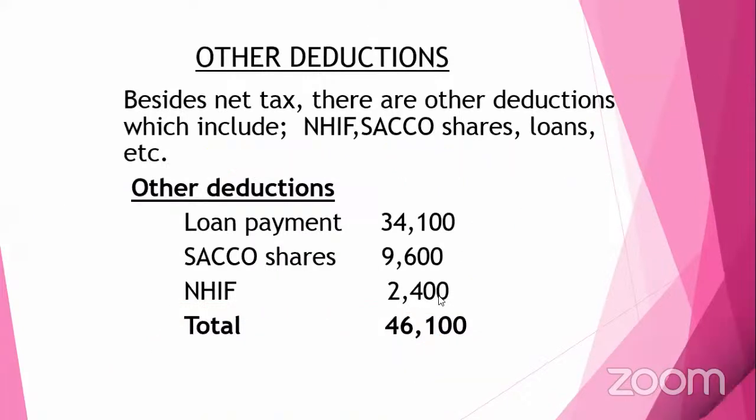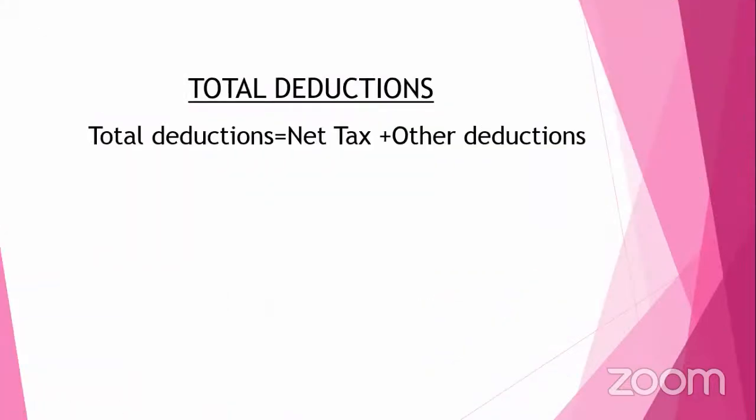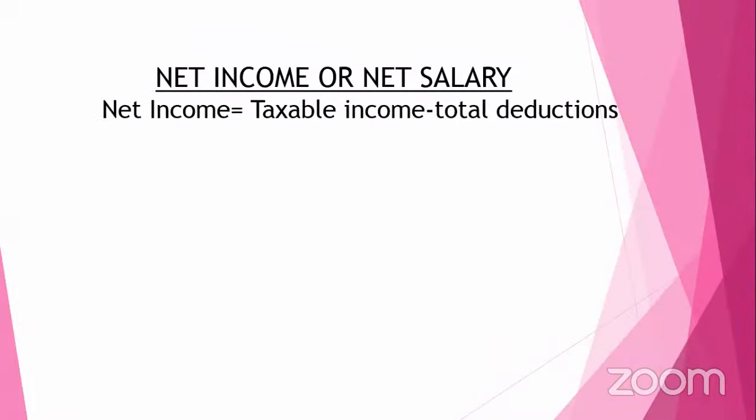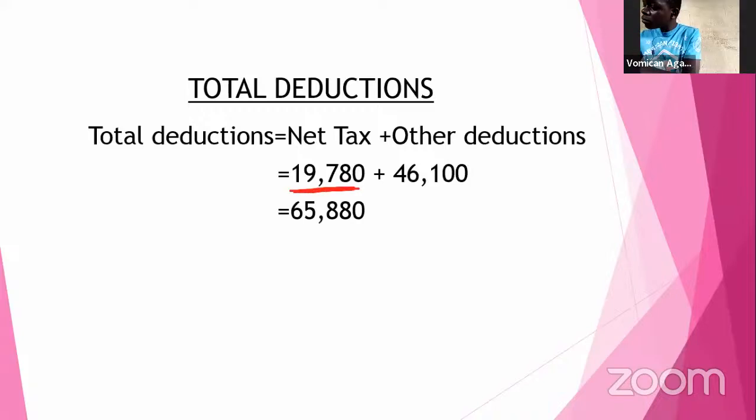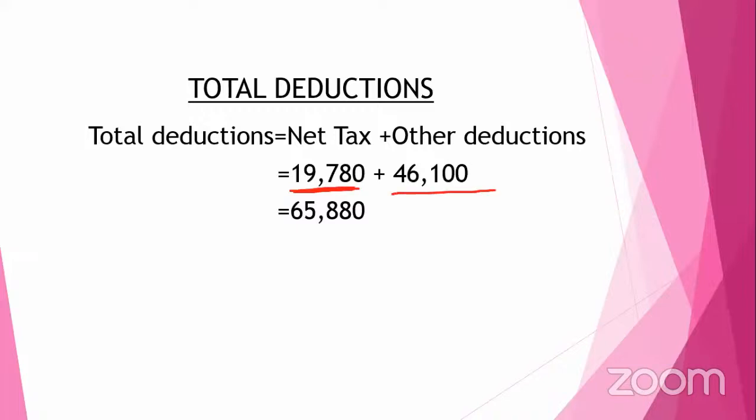So once we have the other deductions, now we can work out total deductions. How do we arrive at total deductions? Now you get your net tax plus other deductions. In our case here, let me annotate this. Net tax was 19,780. We have realized there are other deductions of this.